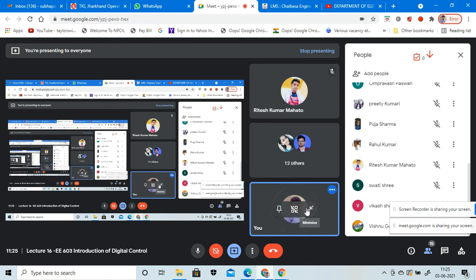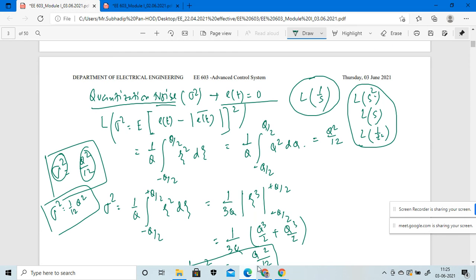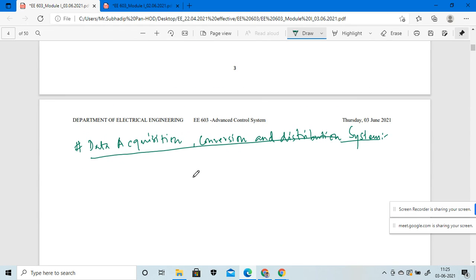Okay, now we will discuss data acquisition. Data acquisition is actually the data acquisition, conversion, and distribution system. With the rapid growth of digital computers, we now have maximum use of a digital computer, or the supercomputer, normally for controlling any such action.